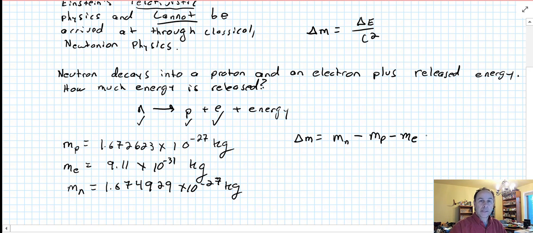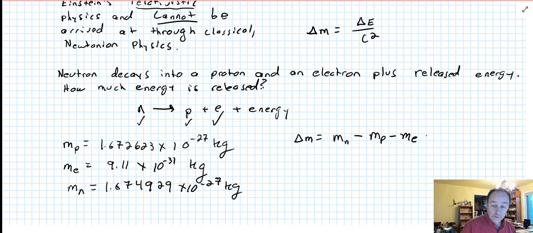And then once we find that change in mass, we can use Einstein's equation to convert it to a value of energy. So this change in mass, well, you just plug these numbers in.